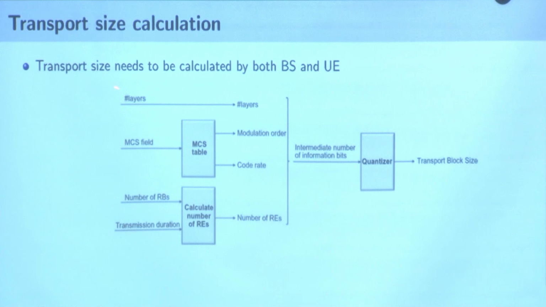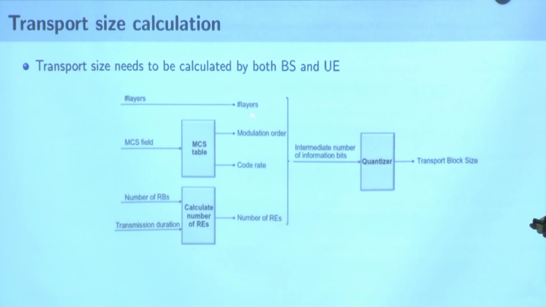Then there is the number of layers. Number of layers is basically the number of data streams you can transmit in parallel. At this stage, we have not covered MIMO, so we don't really know what the number of layers is, but it is enough to know that the standard defines the number of layers as the number of data streams which can be transmitted in parallel on each resource block. So if the number of layers is 1, you can transmit only one symbol on one resource element.